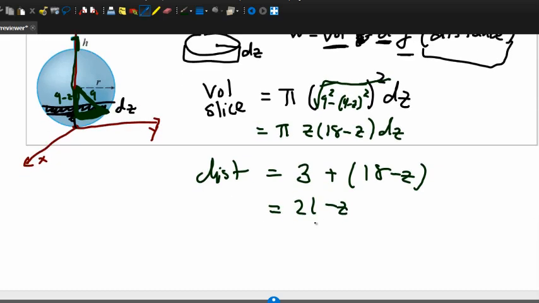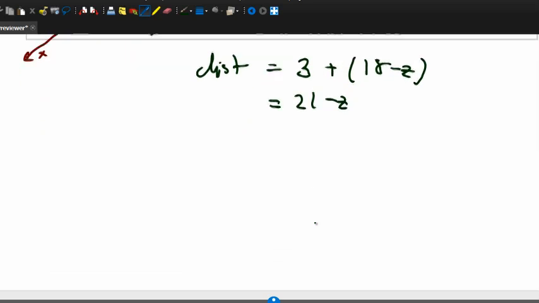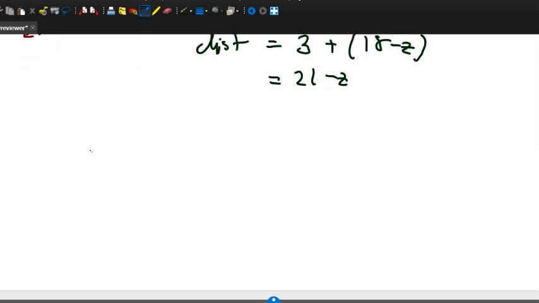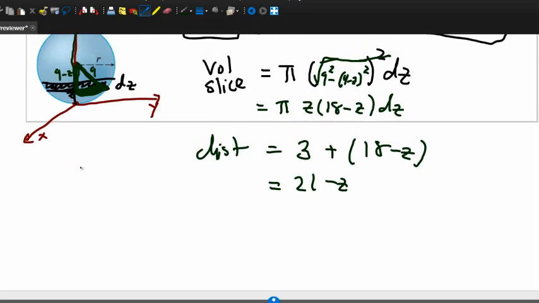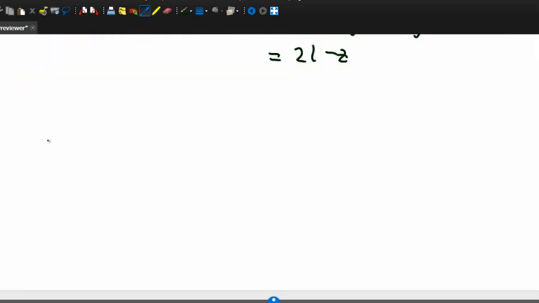So now I can write how much work I need to move this slice out of the tank. Remember, it will be the volume, and the volume was pi times z times (18 minus z), times dz. Then comes the density.